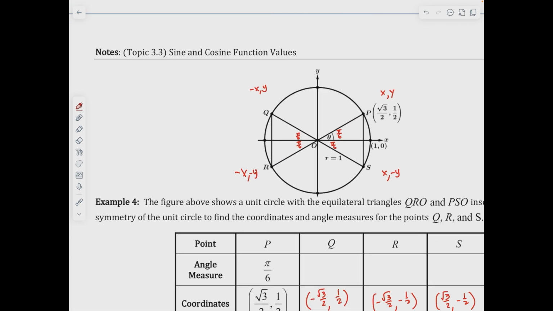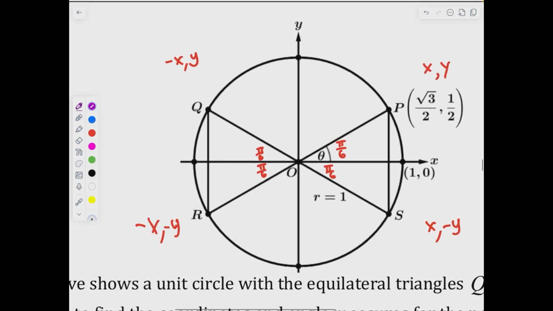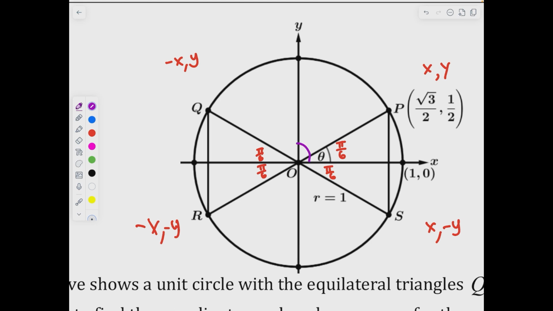However, when we are doing standard position, we want the angle from here to this point right there. If you notice, this is pi or 180 degrees.